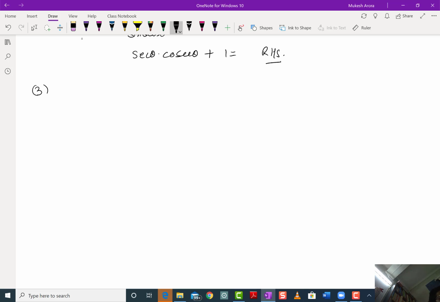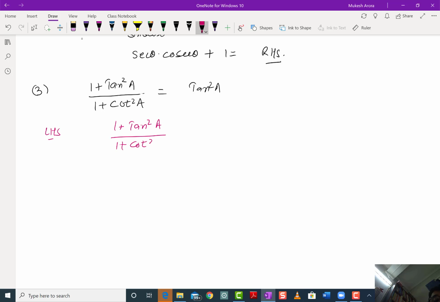Another sum is 1 plus tangent square A upon 1 plus cot square A is equal to tangent square A. We have to prove. Left hand side: 1 plus tangent square A upon 1 plus cot square A. We can change everything into sine and cos, or we can do it straight way also.